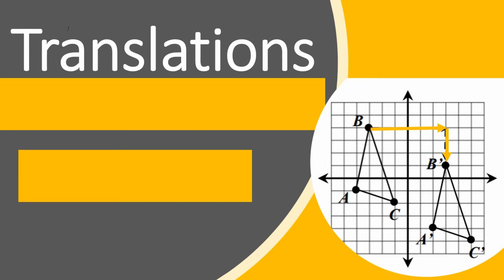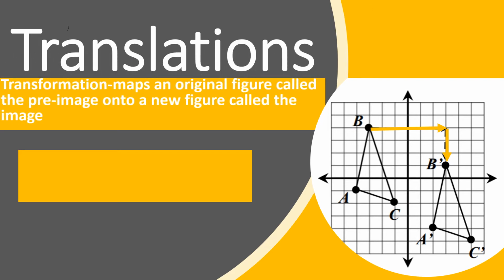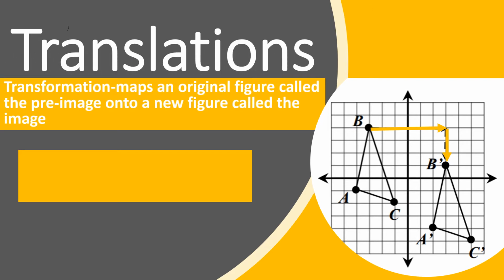Okay, so let's take a look at translations. Now, a translation is a type of transformation that maps an original figure called the pre-image onto a new figure called the image. So if you look at this diagram here, A, B, and C, or triangle ABC, would be considered the pre-image.